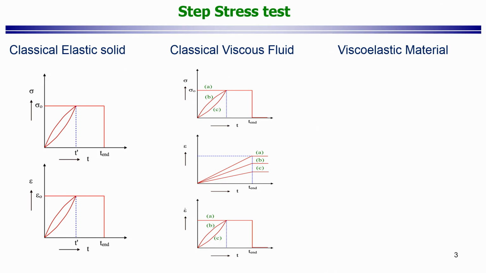So, this is the response of stress for a classical elastic solid, and you can compare that with that of a classical viscous fluid. I have deliberately left one column empty, which is for a viscoelastic fluid or a viscoelastic material. So, you can imagine what the viscoelastic material probably would be. It would be somewhere in between the two responses, right.